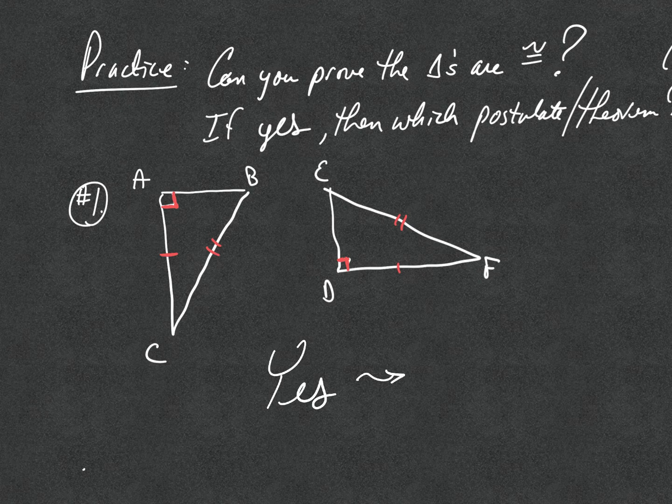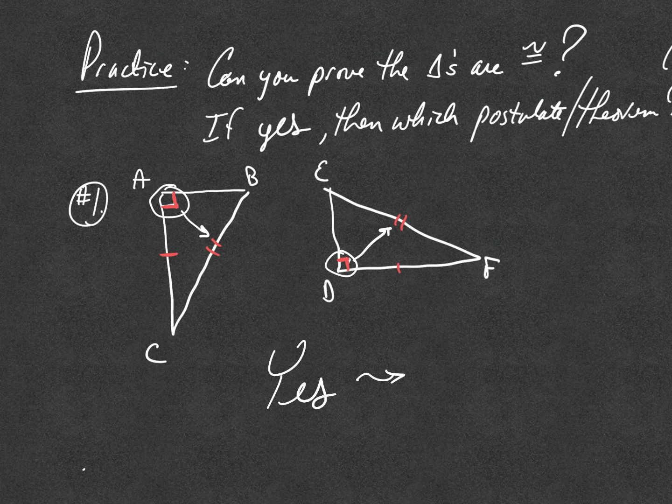And which method would we be using? Well, please notice that each of the triangles is a right triangle. You see the mark for a 90-degree angle. And then please notice that the side opposite the right angle in each triangle are equal.